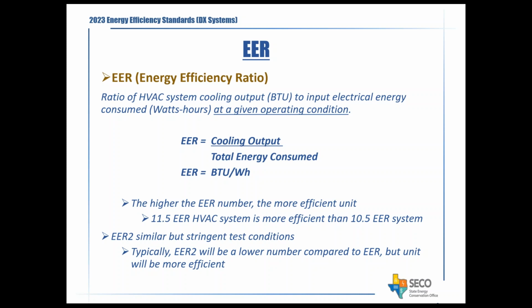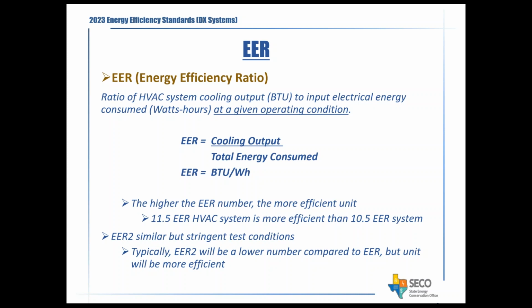And I'll describe that in a little while. If you look at it, the units are identical. So it's cooling output divided by total energy consumed, which is BTU per watt. So typically, the higher the EER, the more efficient the unit is. For example, an EER of 11.5 is more efficient than an EER of 10.5. That's understood.